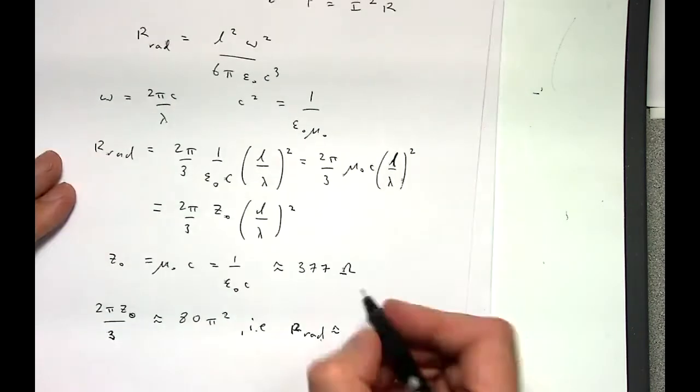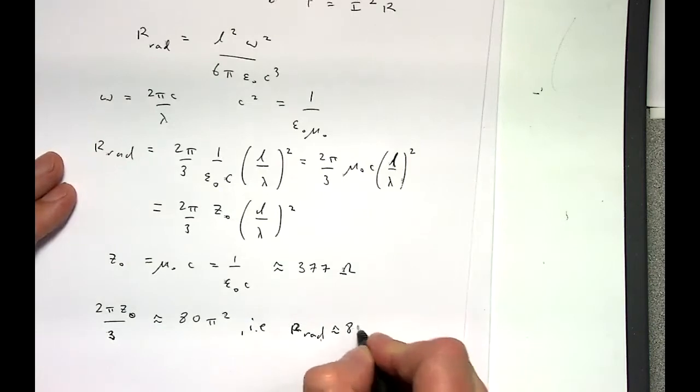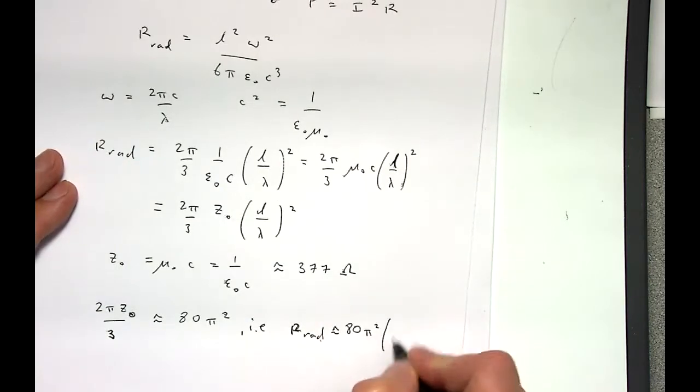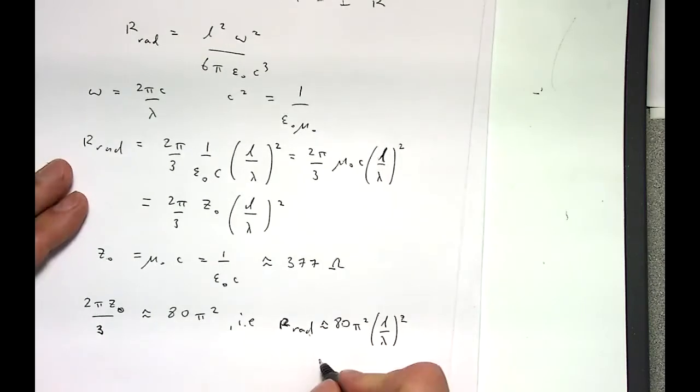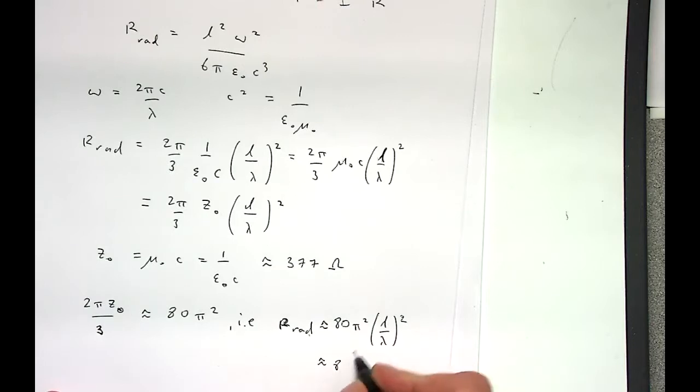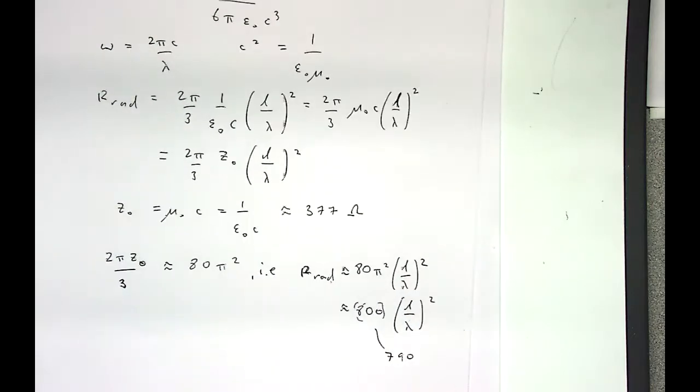They might write it as 80 pi squared L over lambda squared, and you may also see it written, pi squared is about 10, isn't it, unfortunately. So we sometimes see it written as 800 L over lambda squared, or even sometimes that 800 is more properly about 790 really. So you see these approximations appearing, so do watch out for that. The proper form is 2 pi Z0 over 3.